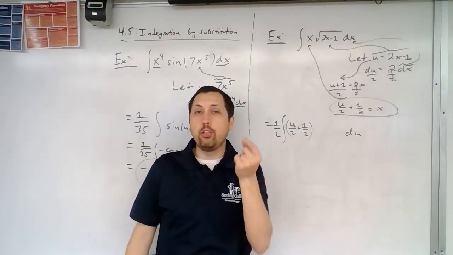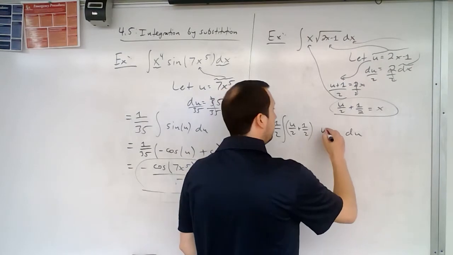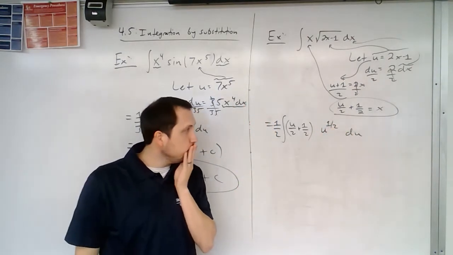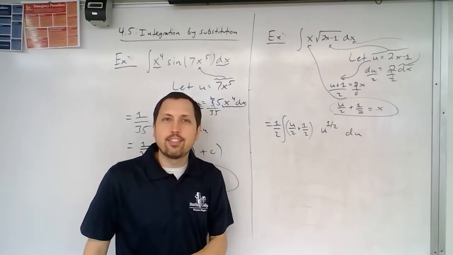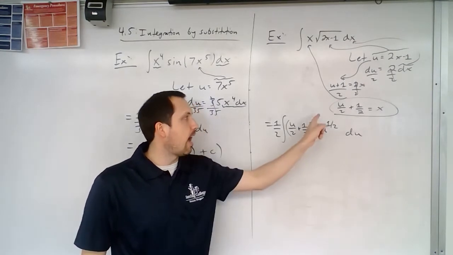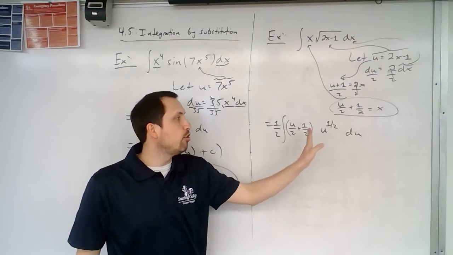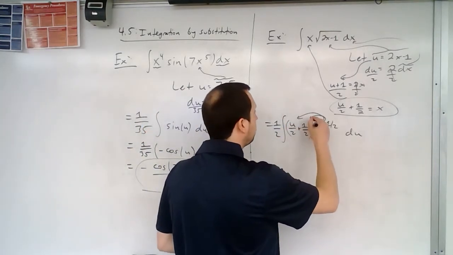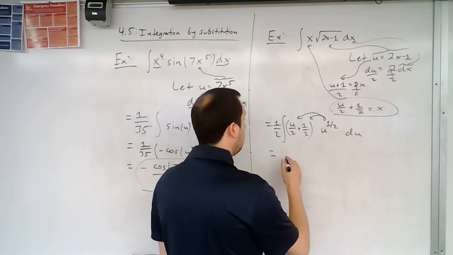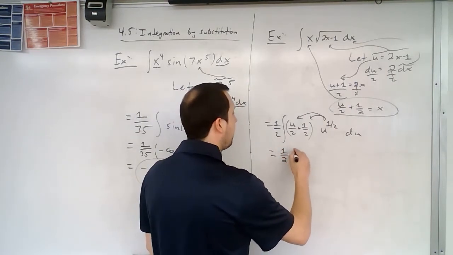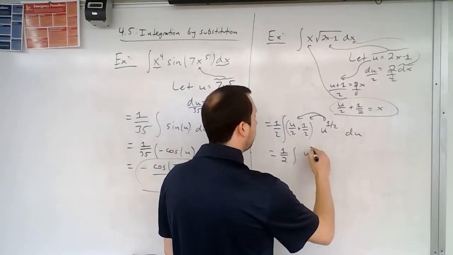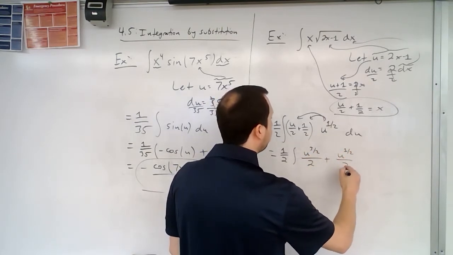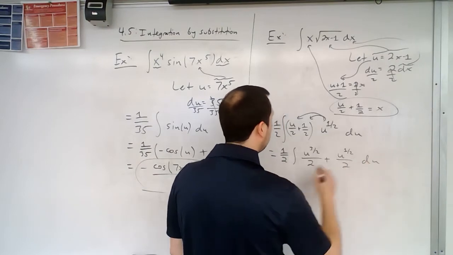So that will just be u to the 1/2, because that's the same as square root of u. Now when I see this, the immediate thought should be, I'm just going to simply distribute. There's no other weird exponents, just distribute this to both of these terms. So this becomes 1/2 integral of u to the 3/2 divided by 2 plus u to the 1/2 divided by 2 du.